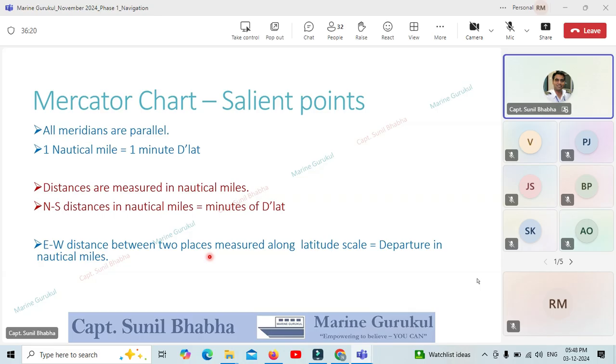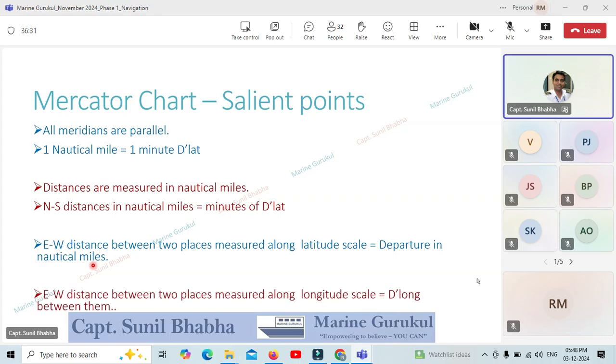But if you measure the east-west distance between two places along the latitude scale, it will give you the departure between them in nautical miles. So these were some features of the Mercator chart, which will help us in constructing a small part of it on our answer sheet.